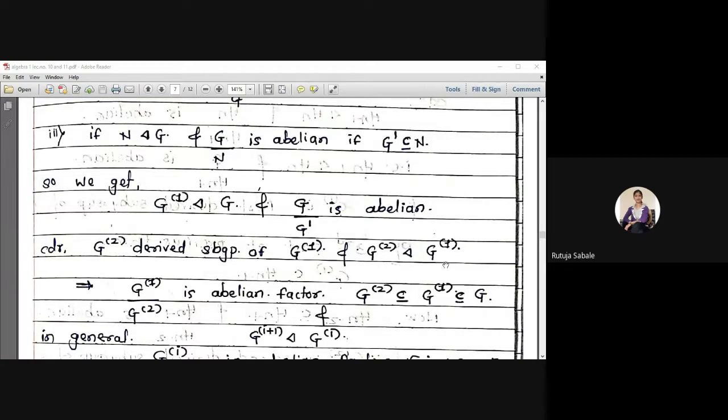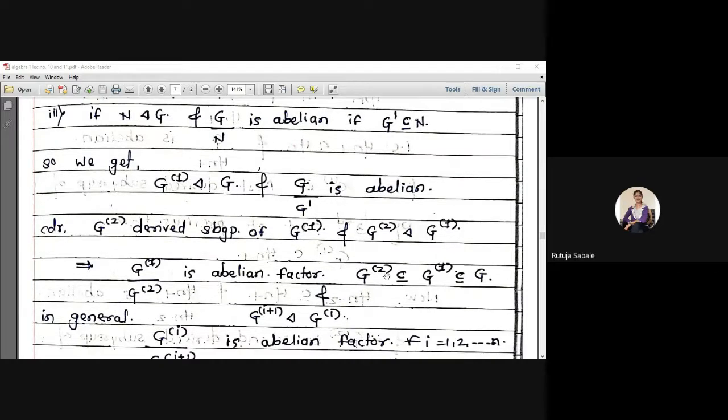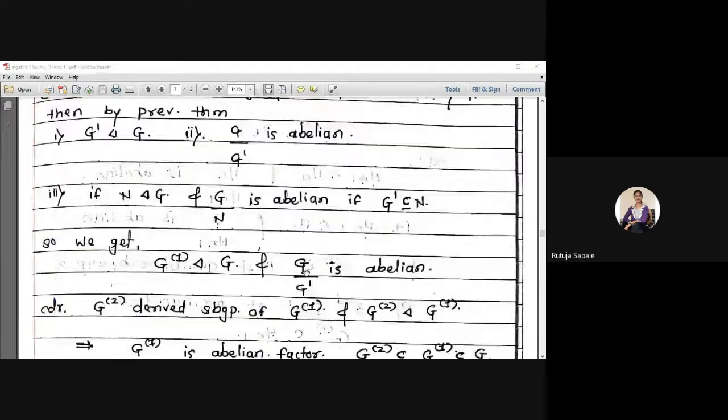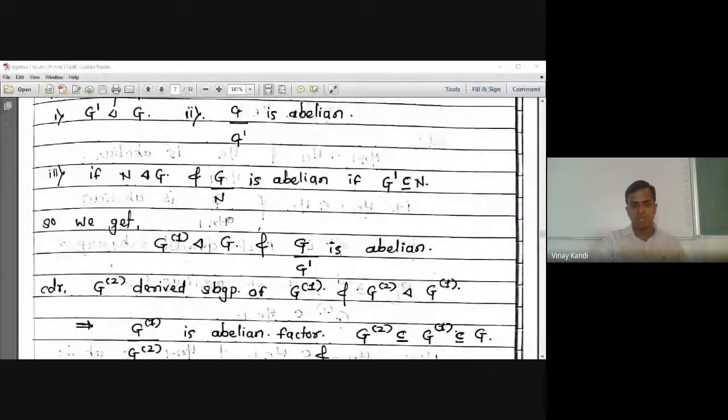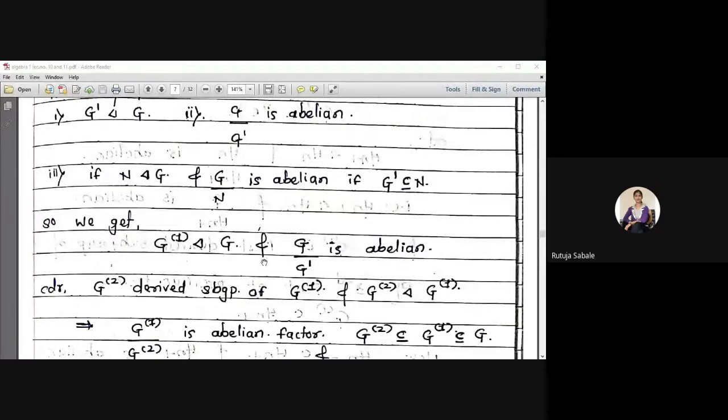How? How is G2 normal in G1? By the theorem, statement number... which statement? Statement 3, not 1. Take N equal to G2.